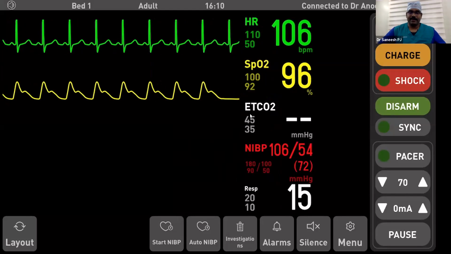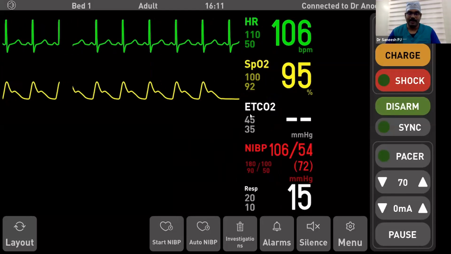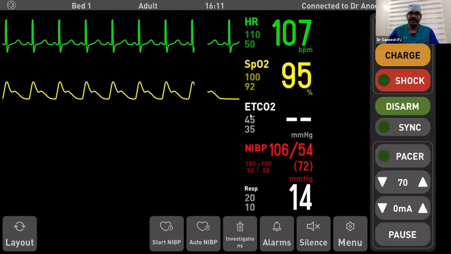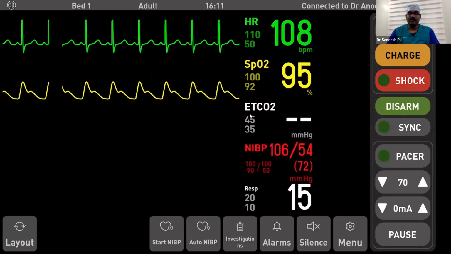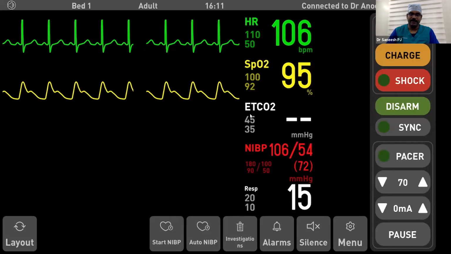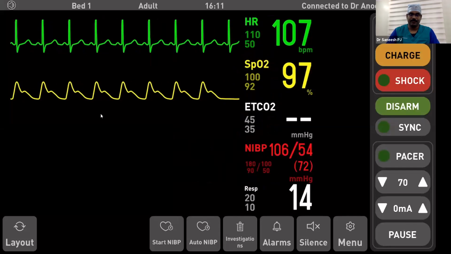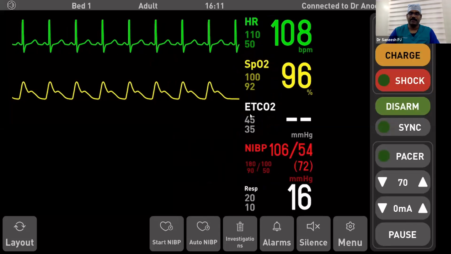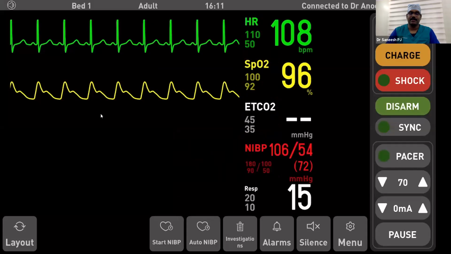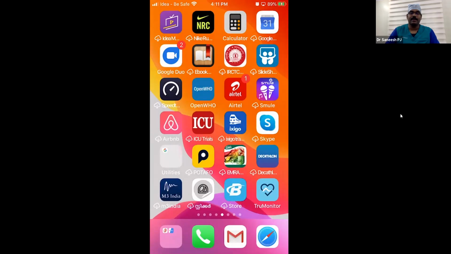Okay, I'm briefing the scenario again. It's an elderly gentleman, post CABG 20 years back, with progressive worsening heart failure, who became dyspneic, came to the emergency room and then to ICU. By the time, he collapsed. CPR was started, and he was resuscitated in 4 minutes of CPR.